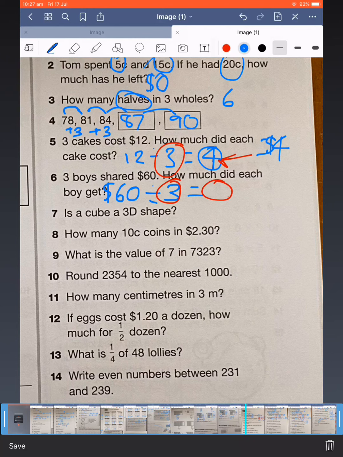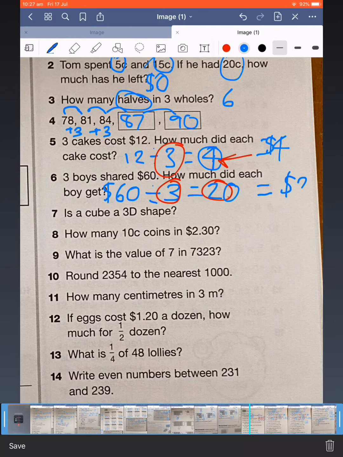Yeah, so if I go 20 plus 20 plus 20, I'm adding them 3 times. That gives me 60. Remember, we've got to put the dollar sign if that's what they're asking for. How much did each boy get? Each boy got $20. Very good.